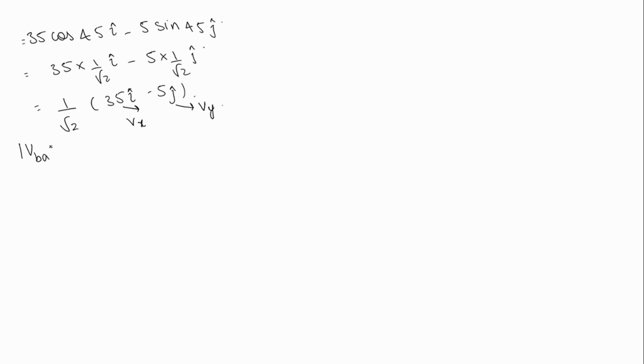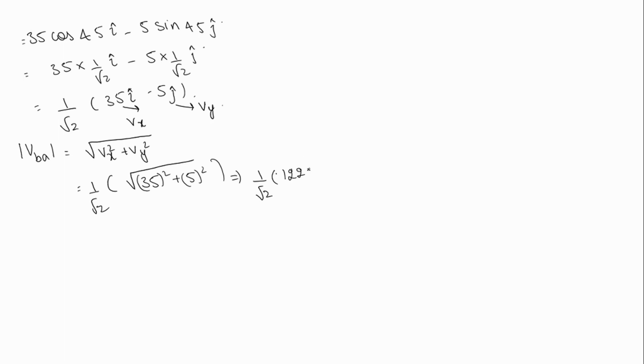So the magnitude of the velocity of particle B with respect to A is the root of the velocity in the x direction squared plus the velocity in the y direction squared. So that is 1 by root 2 into the root of 35 squared plus 5 squared. 35 squared is 1225 plus 5 squared is 25.